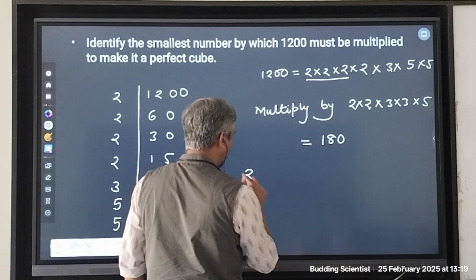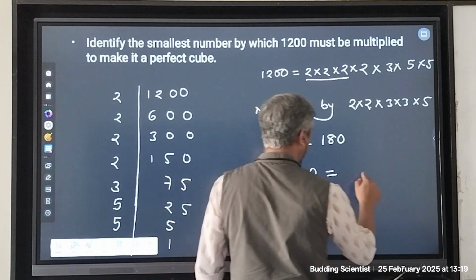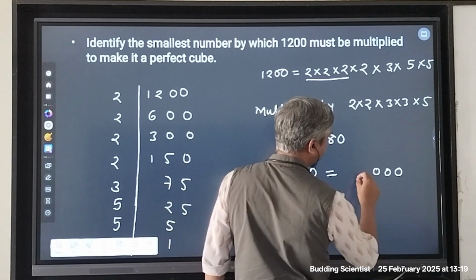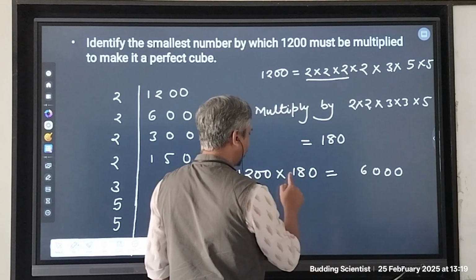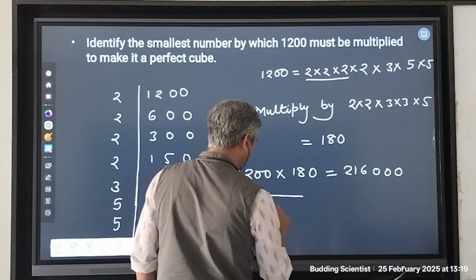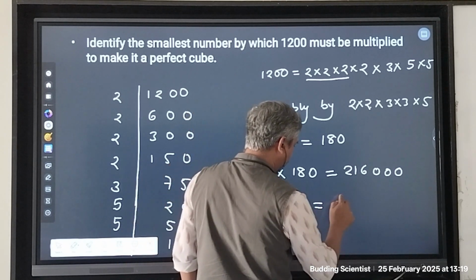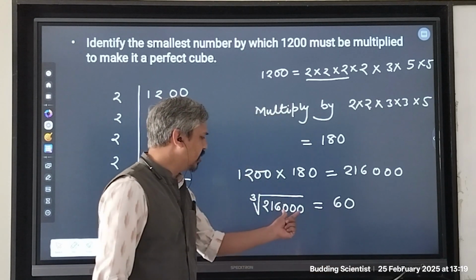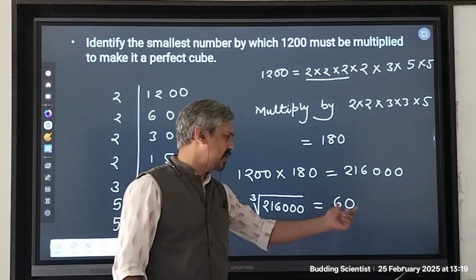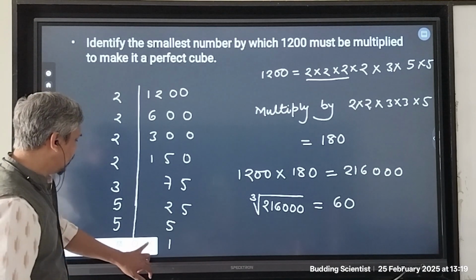So the number will be 1200 into 180, which is equal to 216000, and its cube root will be: the cube root of 216000 is equal to 60. The cube root of 1000 is 10 and the cube root of 216 is 6, so 60 will be the answer. So that's how this question can be solved. Let's see the next one.